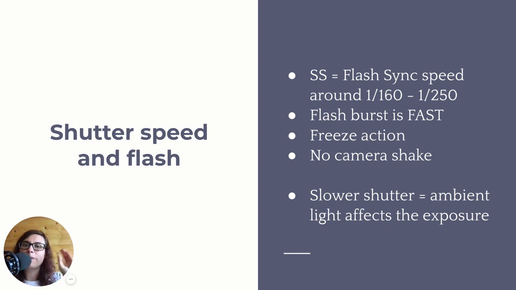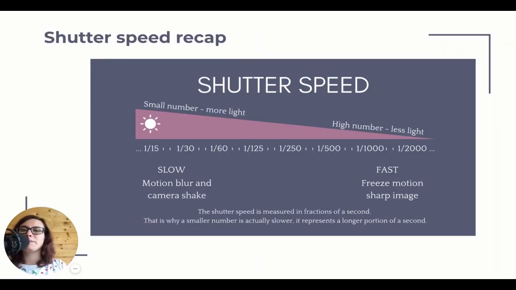So the burst of the flash actually becomes your shutter speed. I do explain this in more detail in my classes on flash, so do check that out. But this is just like a refresher, just to plant that seed in you and make you understand that shutter speed and flash is a different concept than shutter speed with natural light.